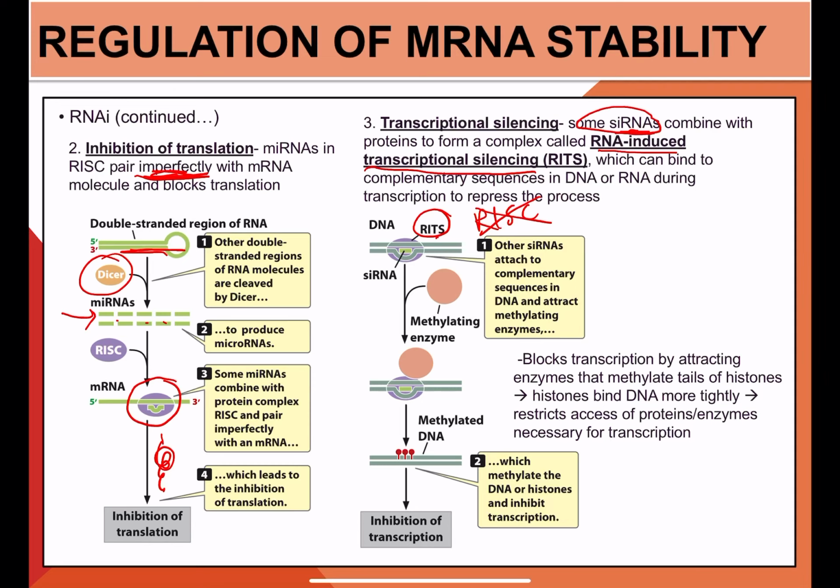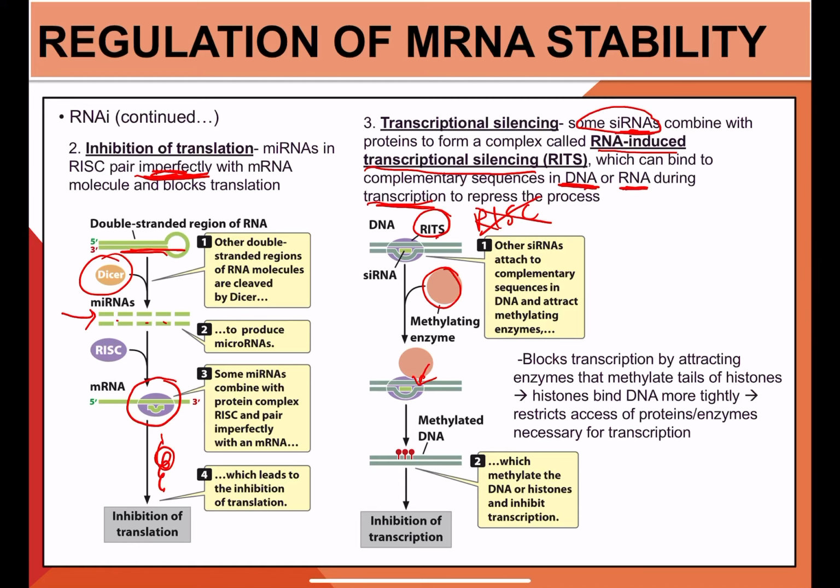It will actually affect complementary sequences in the DNA molecule itself, or even as the RNA molecule is being made during transcription, to repress the process. What it does is block transcription by attracting enzymes, like this big orange circle here, that will methylate the tails of the histone within the DNA sequence right there.